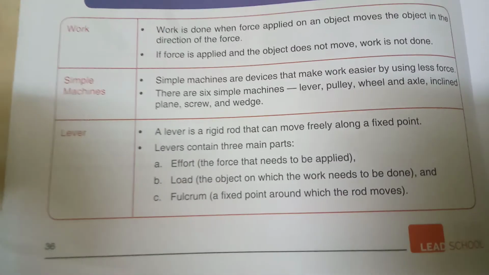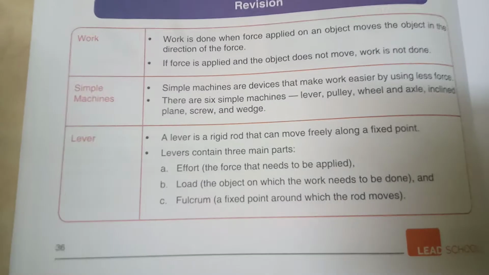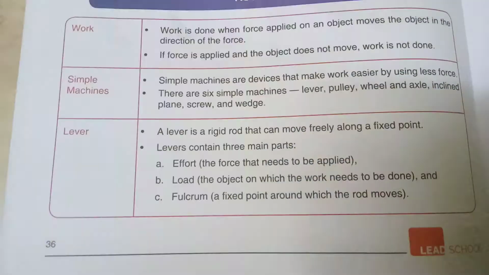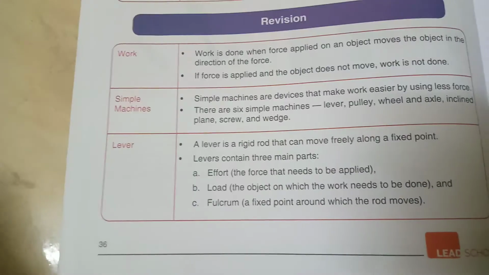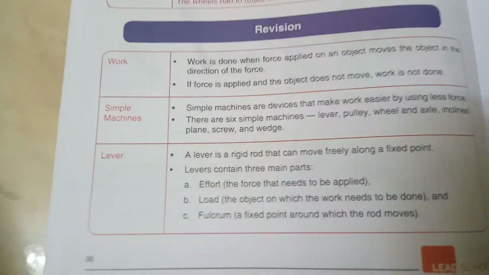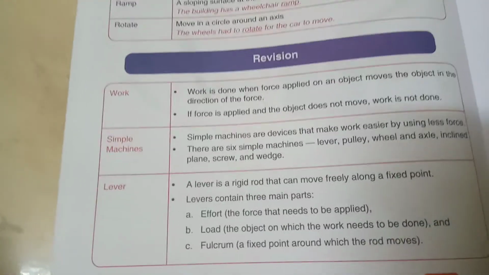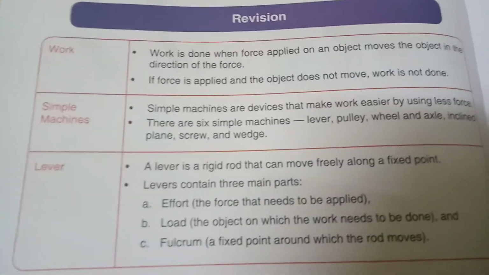So you remember it as F-L-E. These 3 should be in the middle. F in the middle, first order lever; L, load in the middle, second order lever; E, effort in the middle, third order lever. 3 types you have learned now.